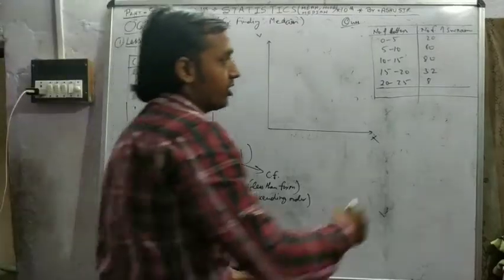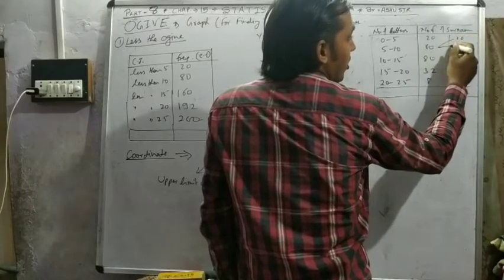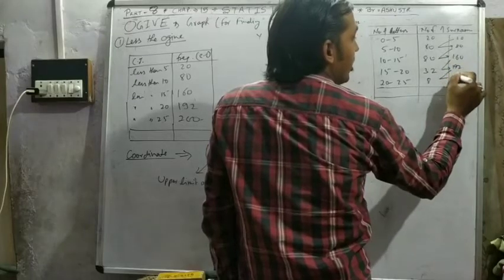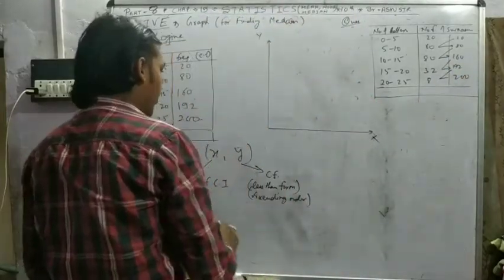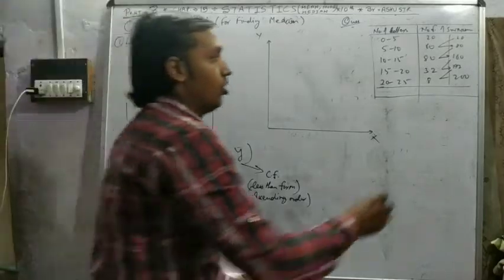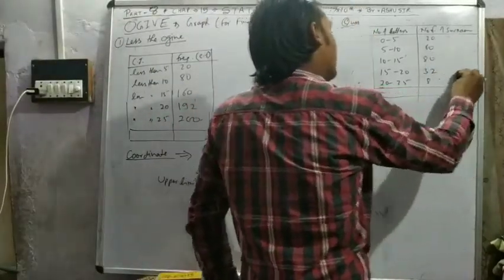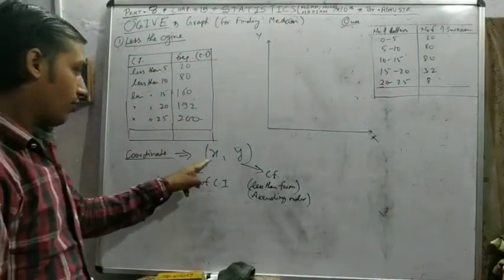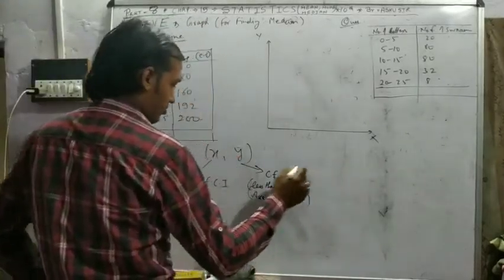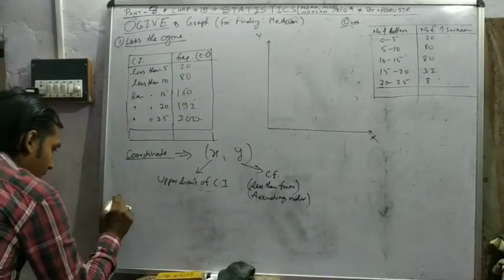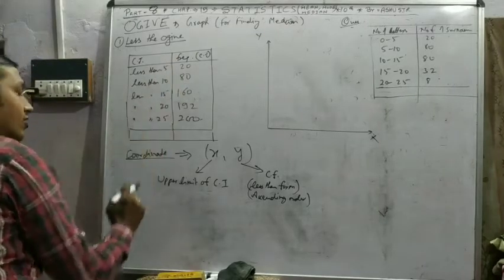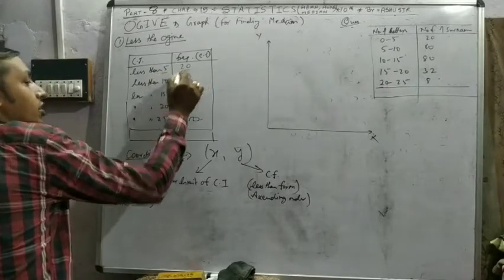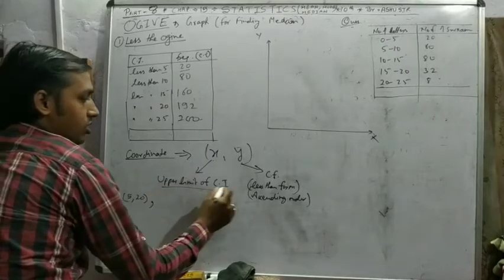So this is the CF. When we have the table for less than form and CF, we want to find the coordinates. A, 5, 20, x, y: upper limit and CF.